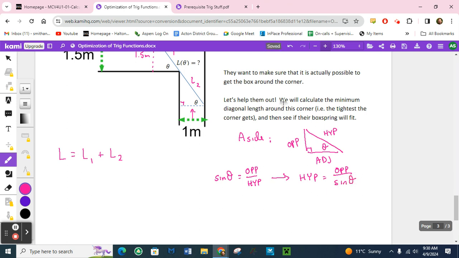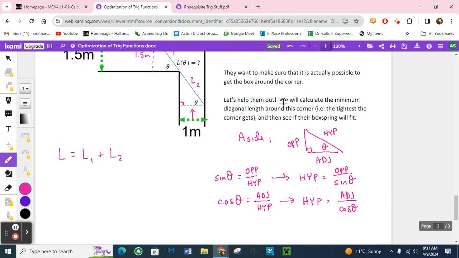Just rearranging sine as opposite over hypotenuse. And in the same way, cosine of theta is equal to adjacent divided by hypotenuse. So if you have the adjacent side, you could get the hypotenuse by doing adjacent divided by cosine theta.